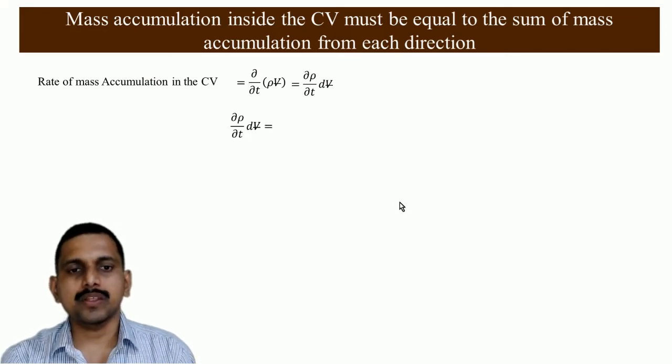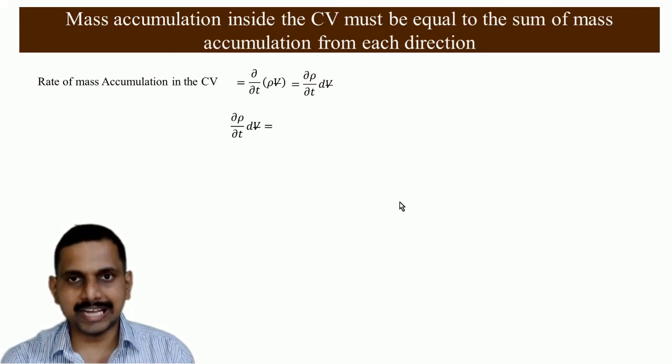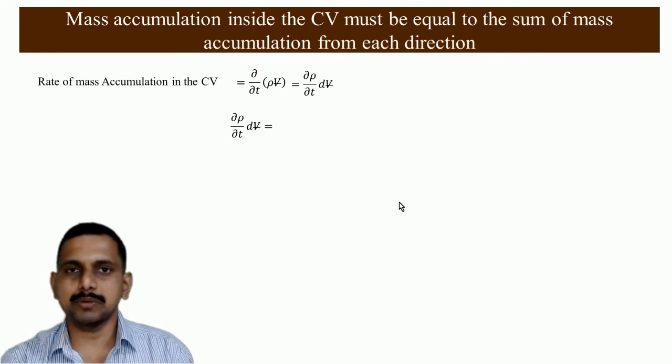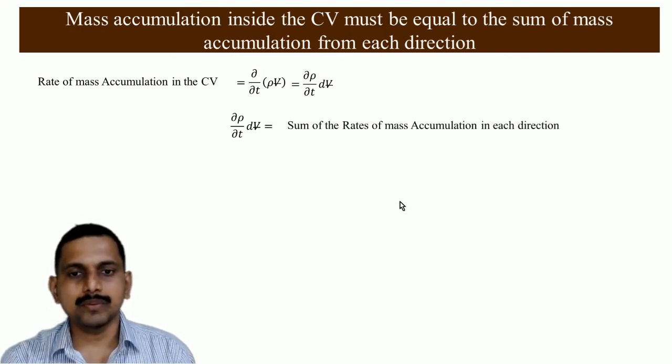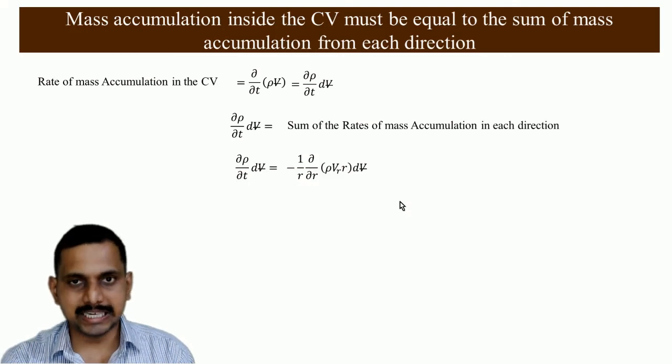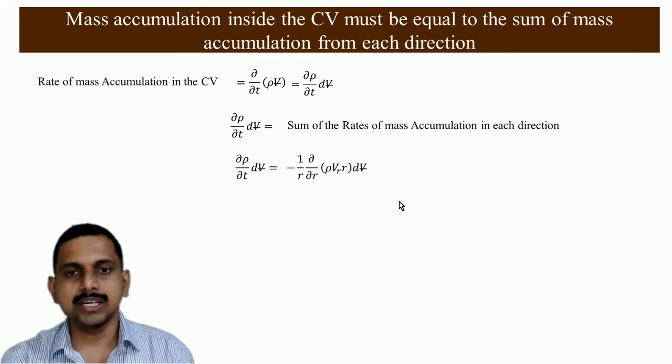This can be equal to the mass accumulation from each direction: the radial direction plus the tangential direction plus the axial direction.